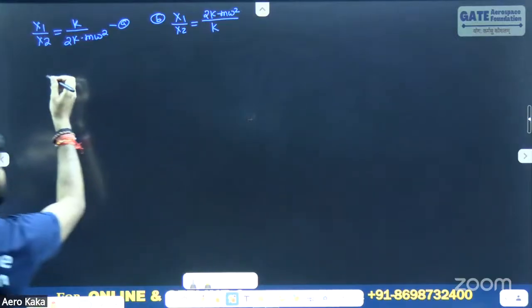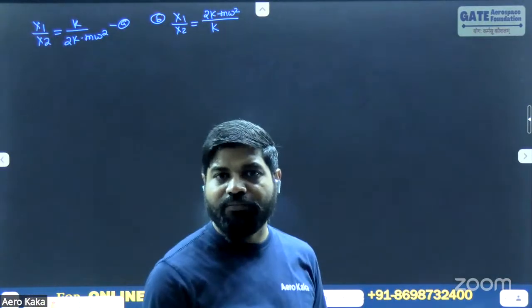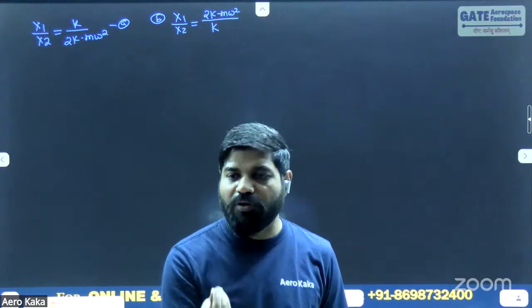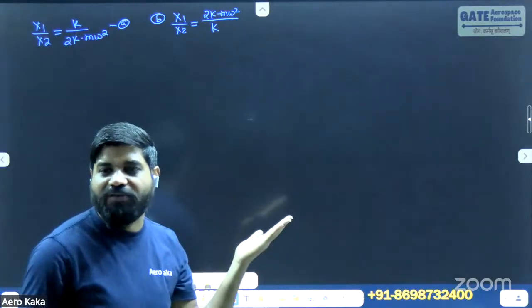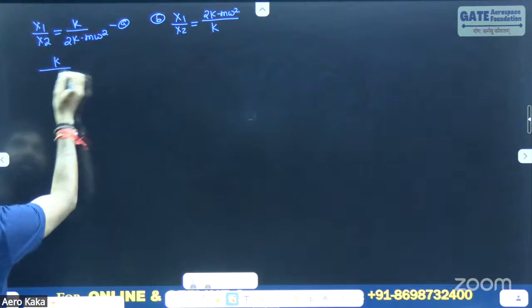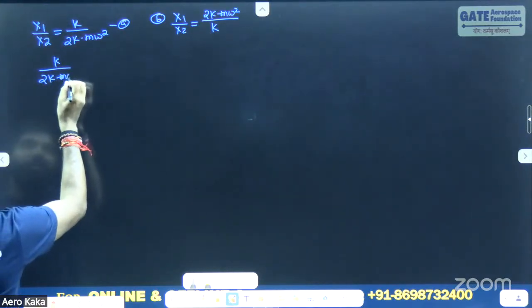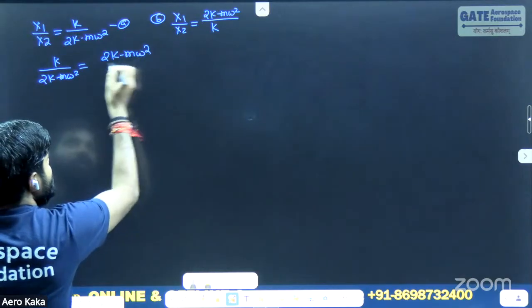Just equate these two expressions. Since the x1 upon x2 value is going to be the same, whether you calculate from equation number 1 or equation number 2, it is simply representing the mode shape. So equate: k divided by 2k minus m omega square is equal to 2k minus m omega square divided by k.